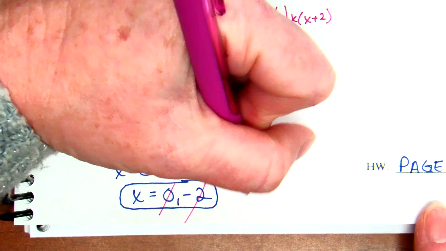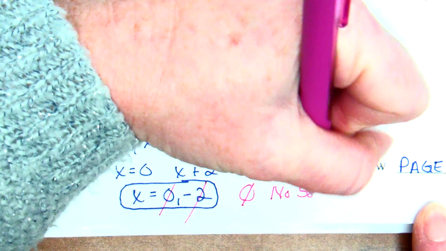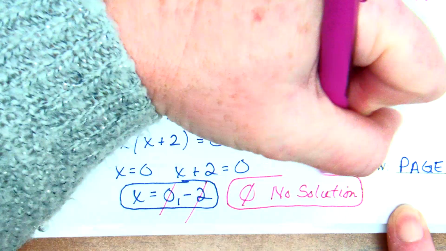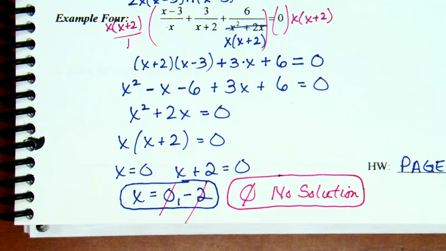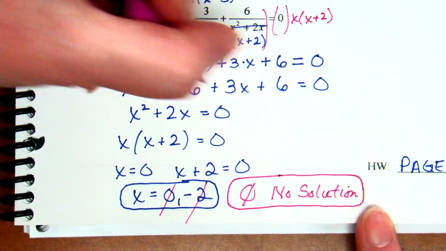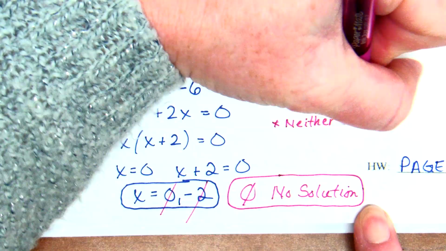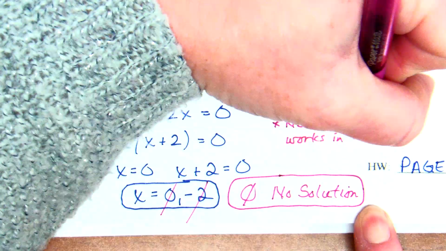No solution. And that is possible. Neither solution worked, so no solution. And the key is that neither solution worked in the denominator. And I'm going to write a little note up here in case anyone looks later. Neither solution works in the denominator.